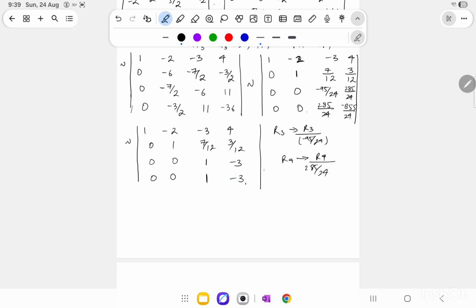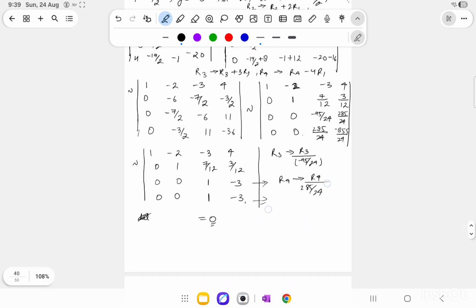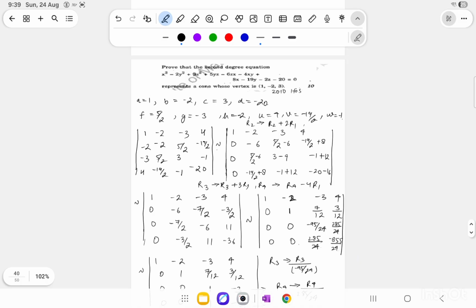So if you see that row 3 and row 4 are same, so my determinant must be equals to 0, because when two rows or two columns are same, then determinant is equals to 0. So we have proved that the given equation of second degree basically represents a cone.